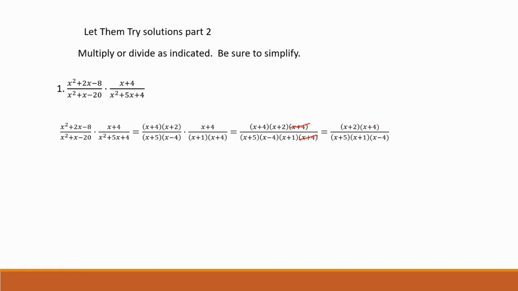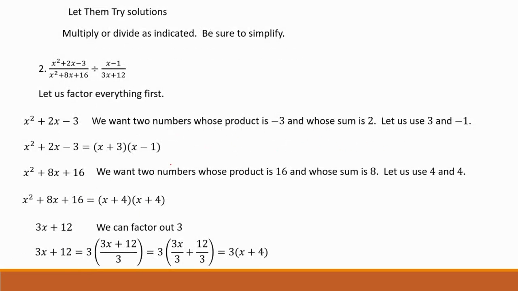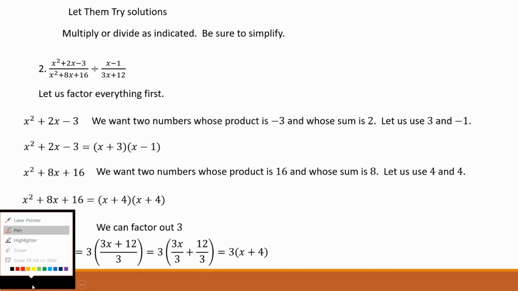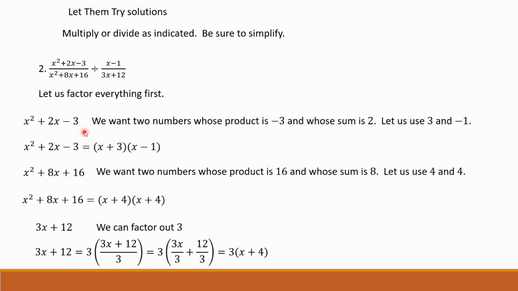All right. Okay. So that's good. So that's this one. Let's do the next one then. So for this one, we have, again, same idea. The only difference now is that since we're dividing, we're going to eventually have to take the reciprocal of this and then multiply.